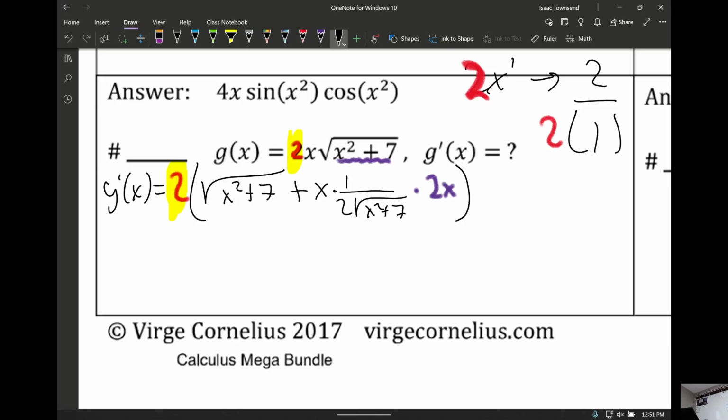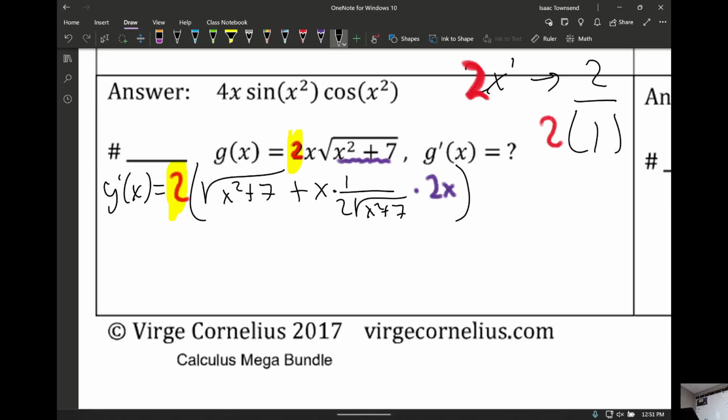On this one, why couldn't it be 4x times sine of 2x squared? One more time? How I originally did it was... If you bring the power down, lower the power by 1, it's like, that's not your inside, though. You have three layers.